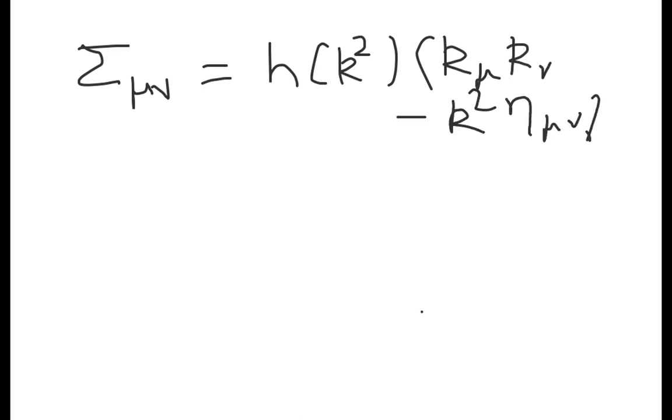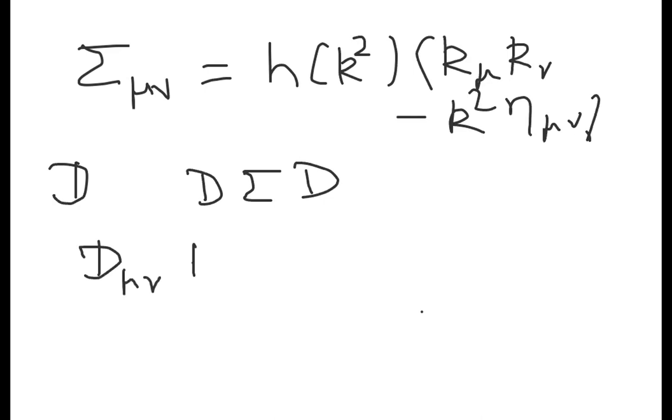Okay. And now we have the first term is d. Then we have a d times sigma times d, right? I'm not writing the indices very carefully. Now what one can show is that if you take d mu nu times k nu, that's identically 0.